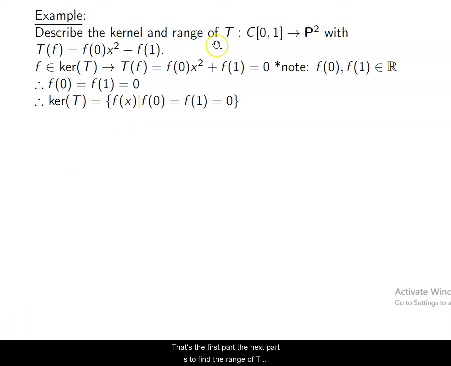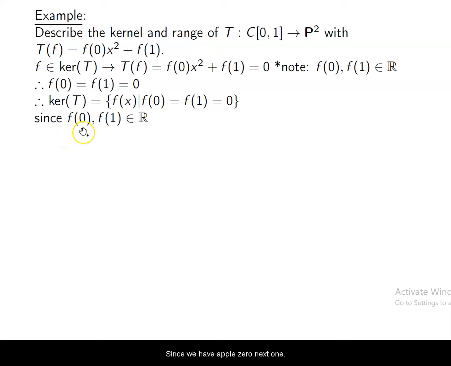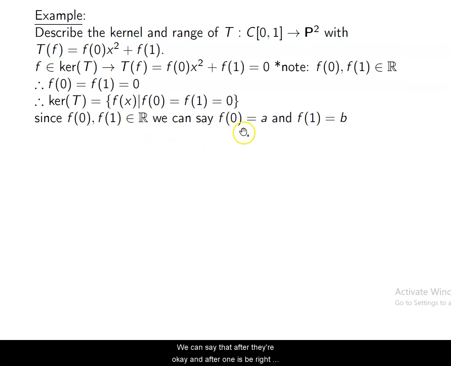The next part is to find the range of T. So we want to find what all of the things look like when they get sent somewhere. There's a pretty good hint here for what the outputs look like. Since we have f of 0 and f of 1 being scalar values, we can say that f of 0 is a and f of 1 is b, right?